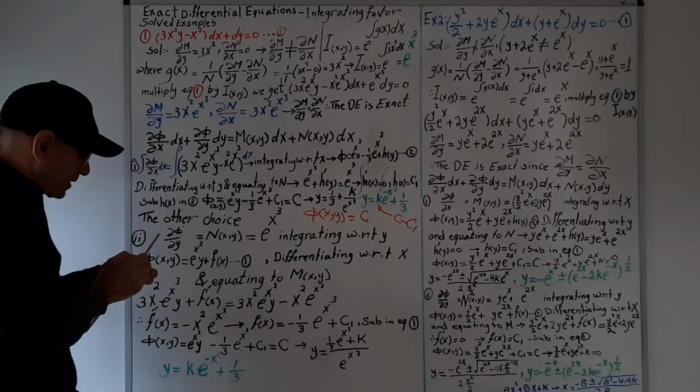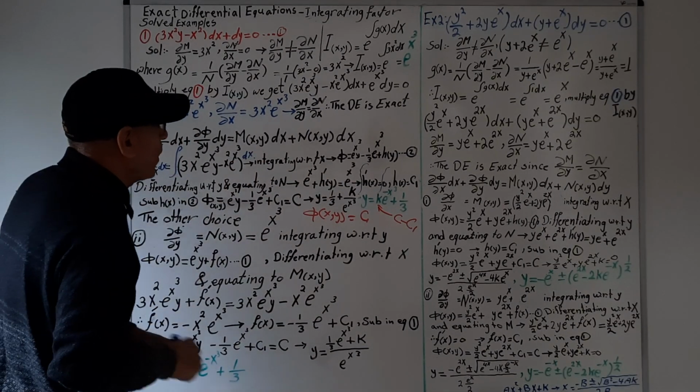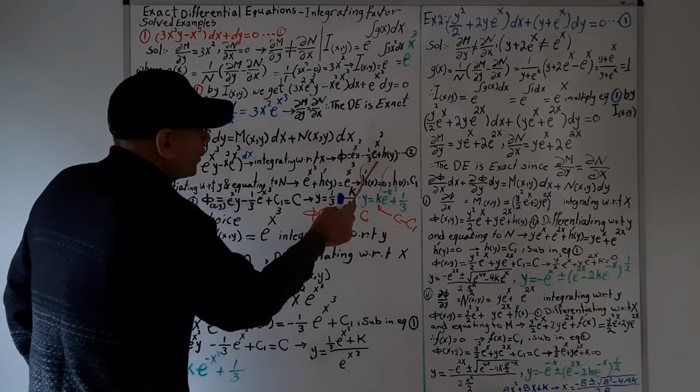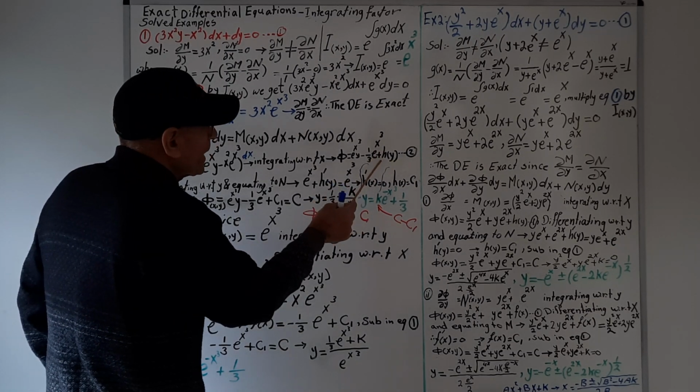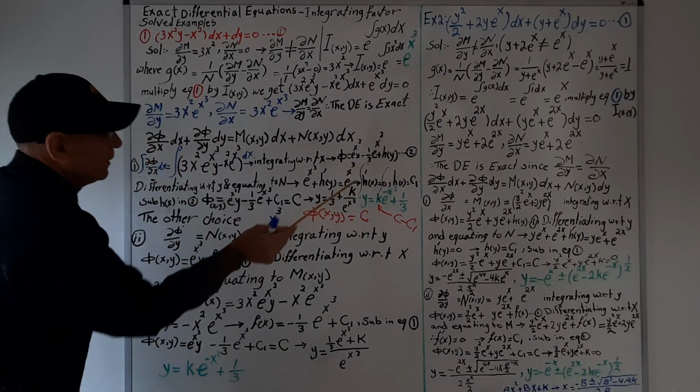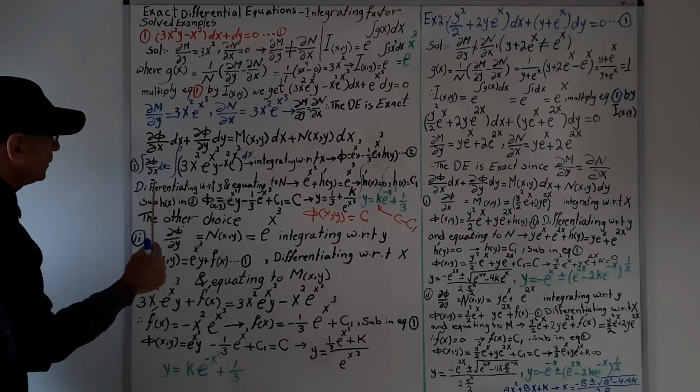Integrating with respect to x, we find phi, and instead of a constant of integration, we add a function of y, h of y. This is the constant of integration.